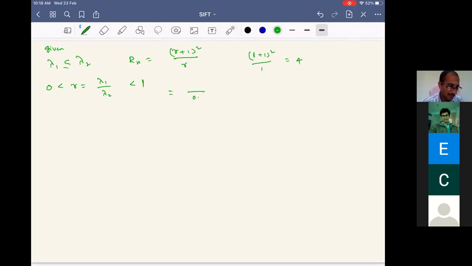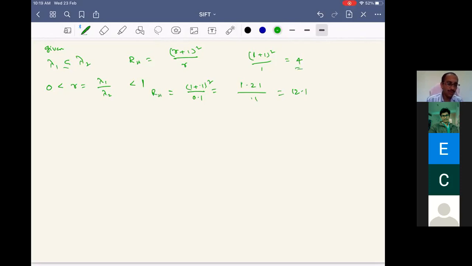If R is a very small value, then what can happen? It is say 1.1 whole square, which is 1.21, by 0.1, so it is 12.1. So this RH now is much higher than this.